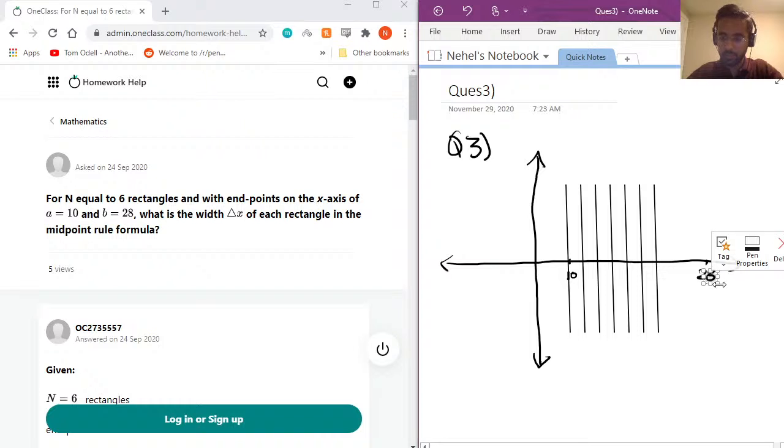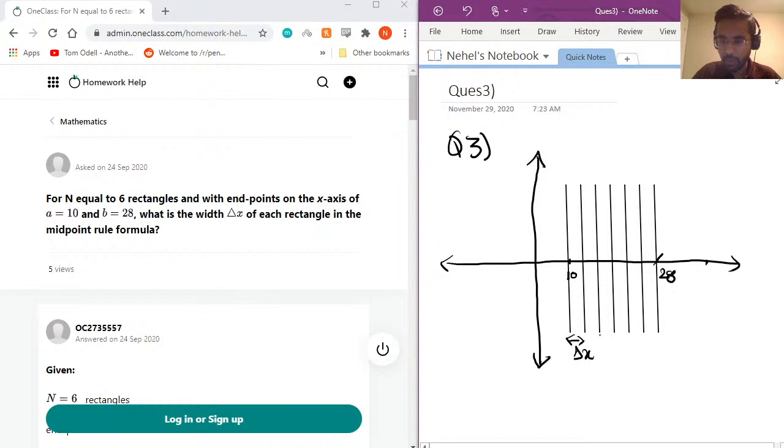So, this 28, I guess, could probably move closer in that case. So I guess this point here is the 28. So what this diagram is trying to show is we have 6 rectangles. We don't really know what the heights are, but we know that they're all the same width. So all of these are delta x.